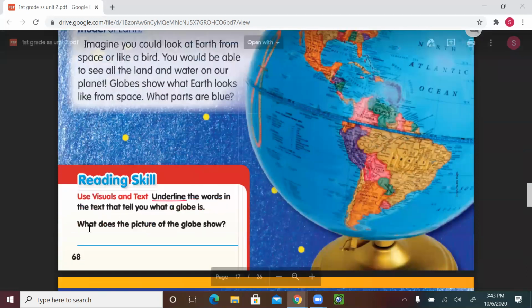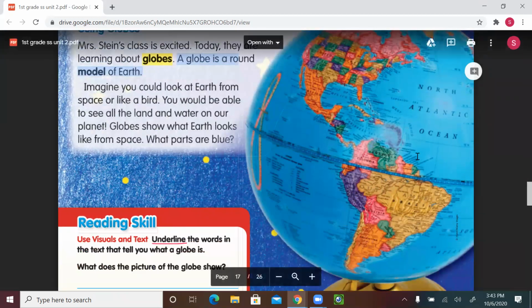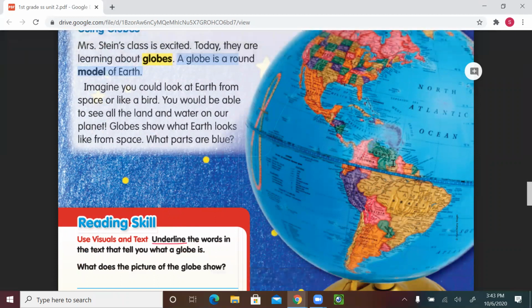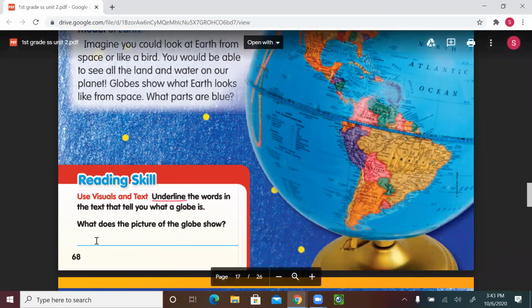The second part: what does the picture of the globe show? What do you see here? This picture, what does it show you? Land and water on Earth. Very good. So let's write.